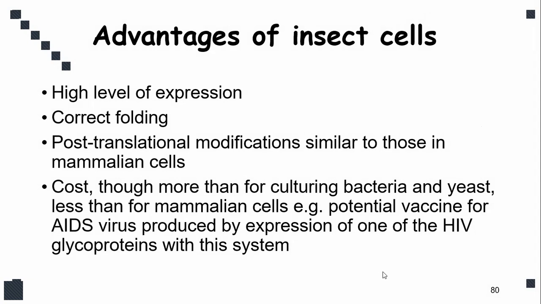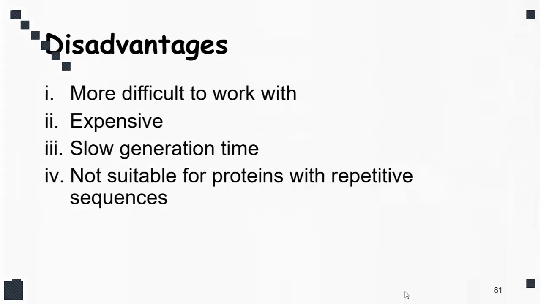High level of expression and correct folding, because now this system actually has the machineries needed to perform this function. Post-translational modification is similar to that in mammalian cells, and the cost, though more than that of culturing bacteria and yeast, is less than that of mammalian cells. So you can appreciate, potential vaccines for HIV produced by expression in this system have been happening.